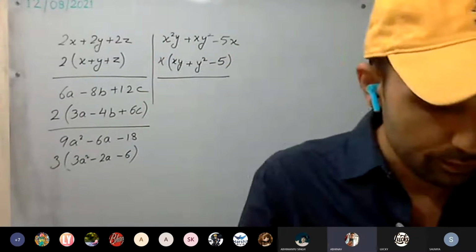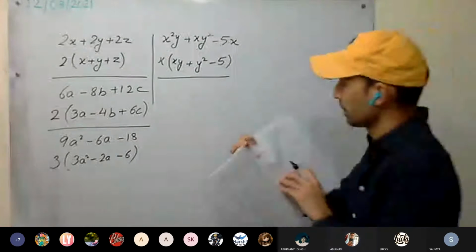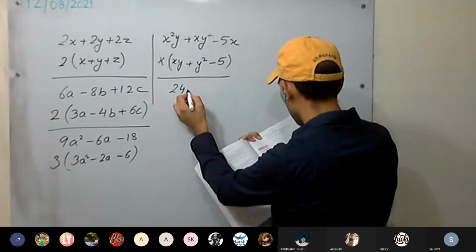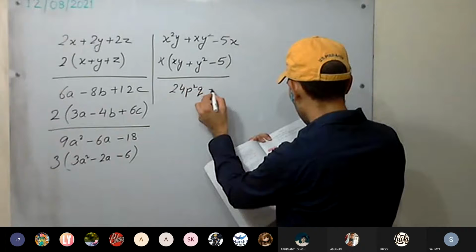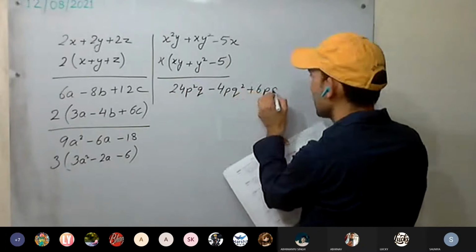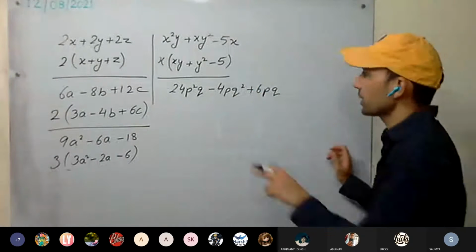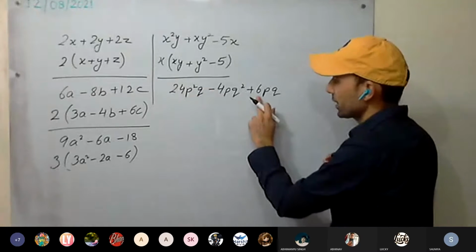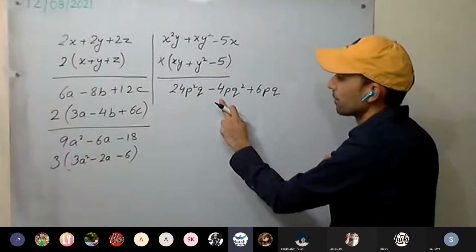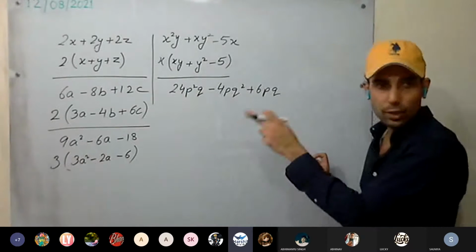Next one, Harshit. Yes, sure. 24p squared q minus 4pq squared plus 6pq. First, among the numbers, the constants 24, 4, 6, what is common? 2 is common.